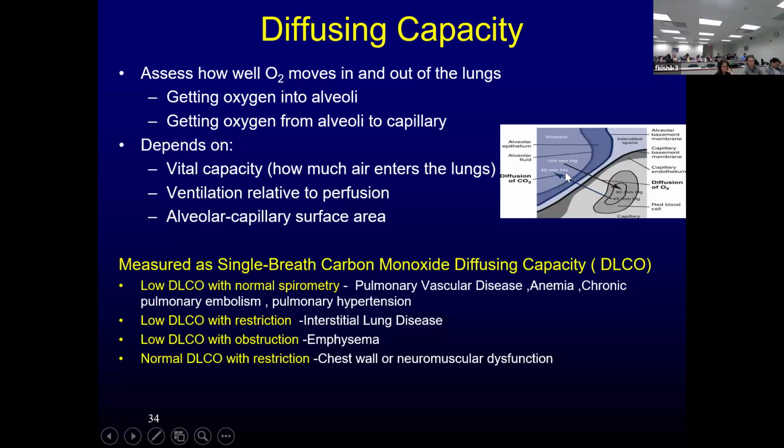We measure this effect by giving the patient a little bit of carbon monoxide. Why do we do that? Carbon monoxide is 200 times more diffusible than oxygen, okay? So we give the patient air with a little admixture of carbon monoxide. You know that in air there is no carbon monoxide, yes?